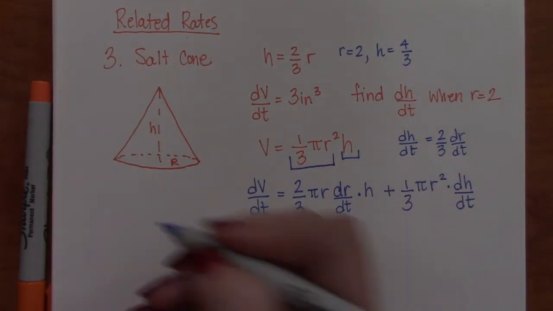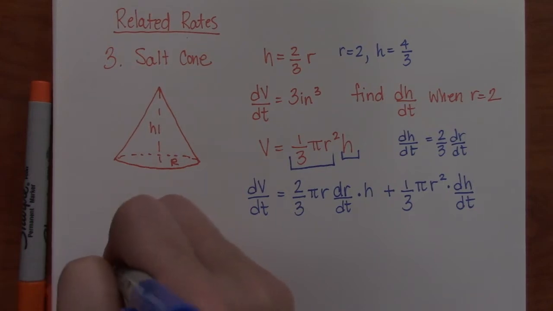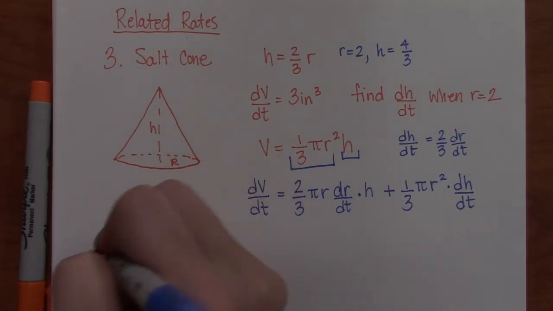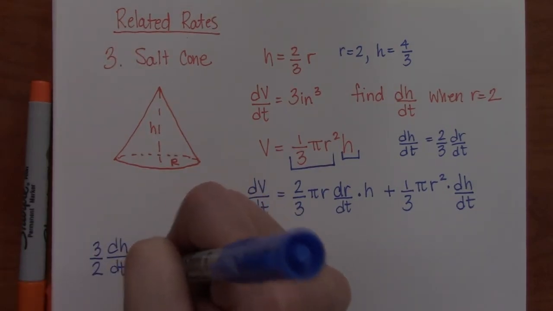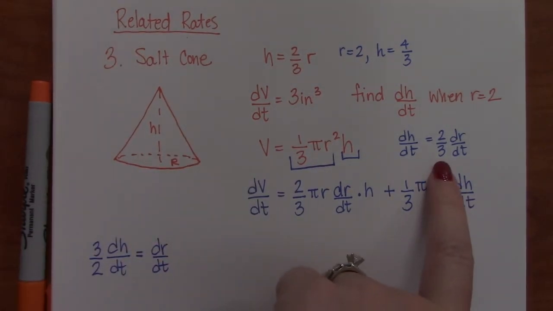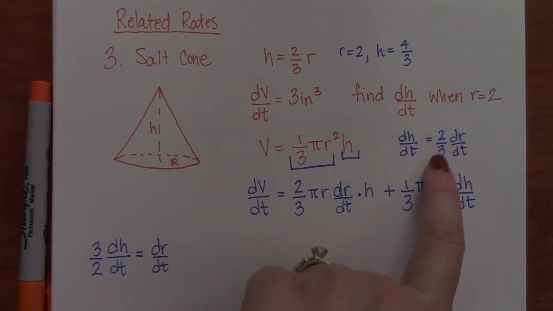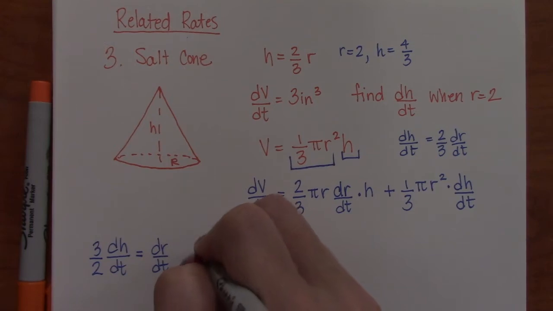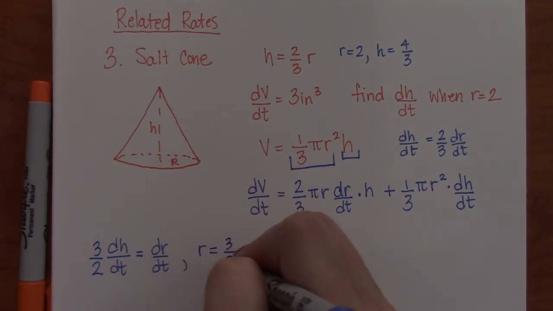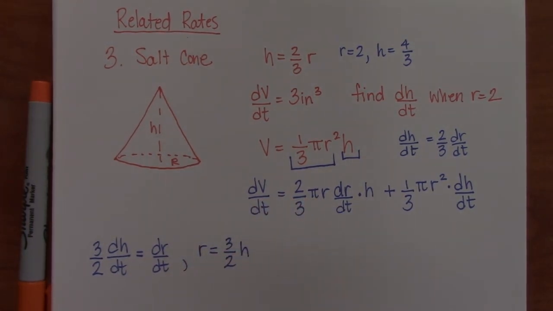So dh/dt times 3/2 is dr/dt. So all I did was multiply both sides by 3 and then divide both sides by 2. Also, r is 3/2 h.